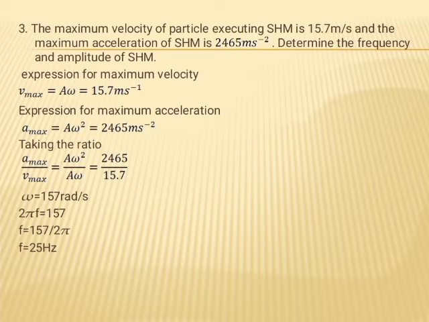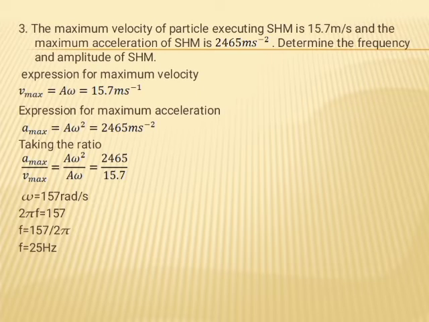So already you have got the value of omega, and it is very simple to calculate the value of frequency now. What is the value of omega? I told you in the previous lecture, it is 2 pi f, right? So if 2 pi f is equal to 157, rearranging this, f is equal to 157 divided by 2 pi.